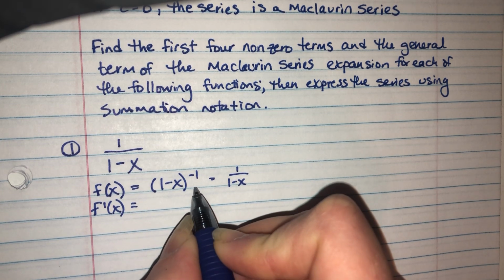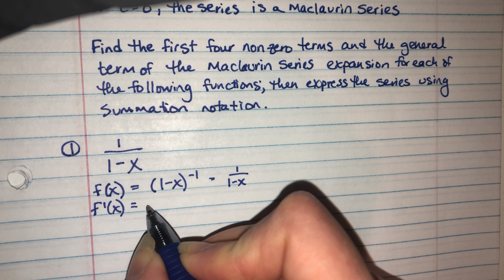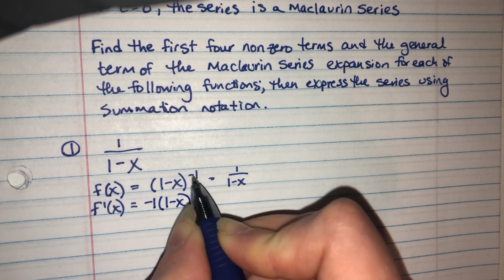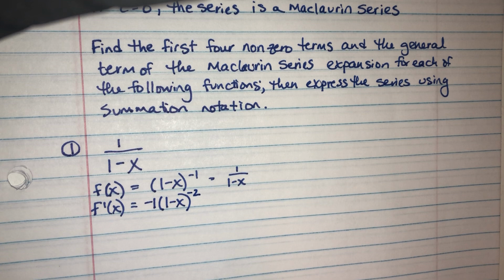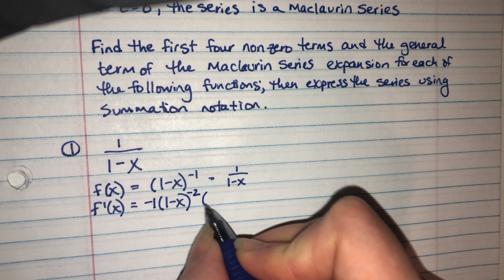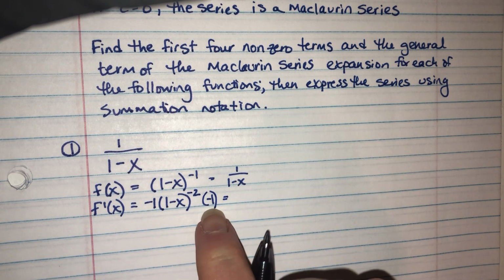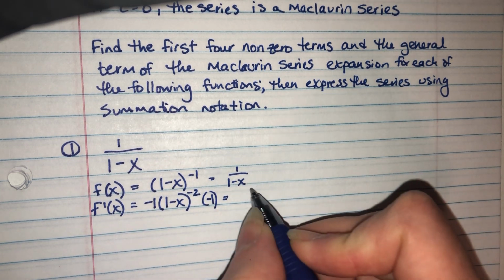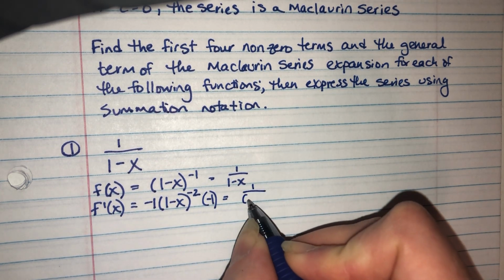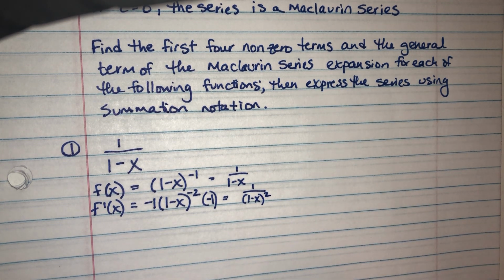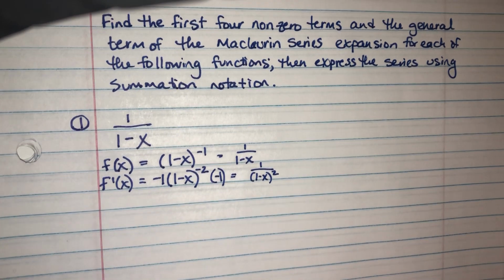Okay, so we're going to take the derivative. -1 is going to come down in front. We're using the chain rule. Copy the inside function, subtract 1 from the power, multiply by the derivative of the inside function, which would be -1. So this is equivalent, -1 times -1, of course, would be +1, to 1 over the quantity 1 minus x squared in the denominator because of the negative power.